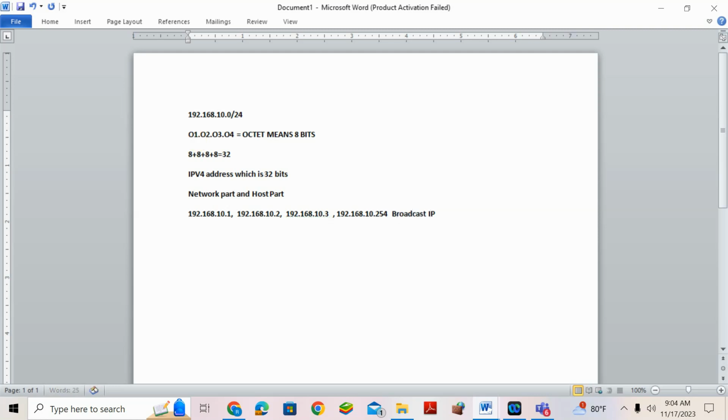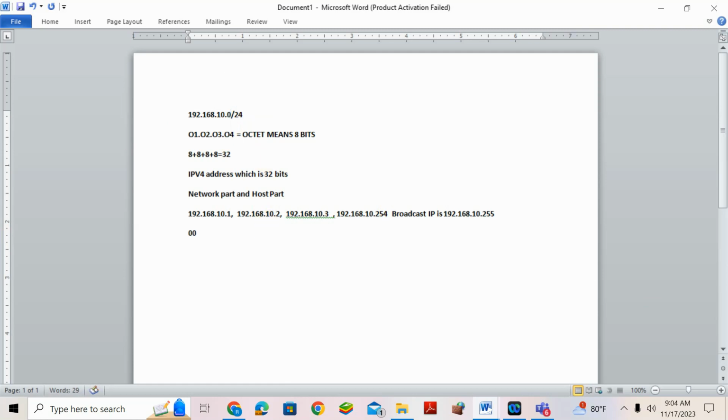Broadcast means to send a packet to all the computers in the network. We have to use a single IP for that, 192.168.10.255. How did you get this 1, 2, 3 like that? From 0, after 0 what will happen? 0 0 0 0 1, then 0 0 1 0, right? Like that.